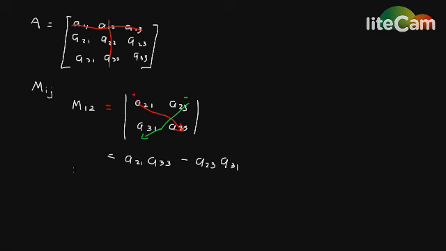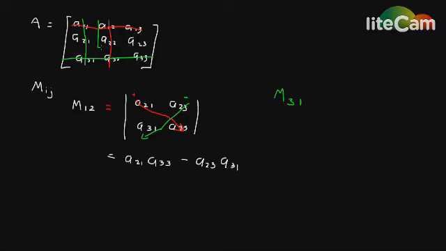So, just quickly, if we were to do the minor, for example, let's do M31. That would be the determinant of the matrix that's left behind by deleting row 3, column 1.